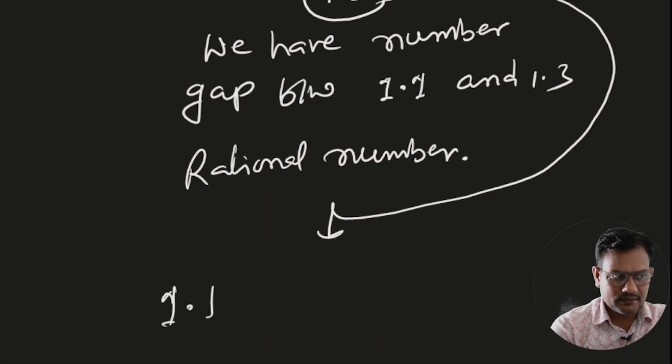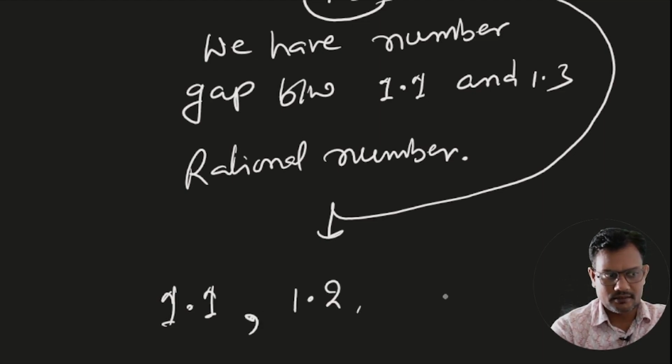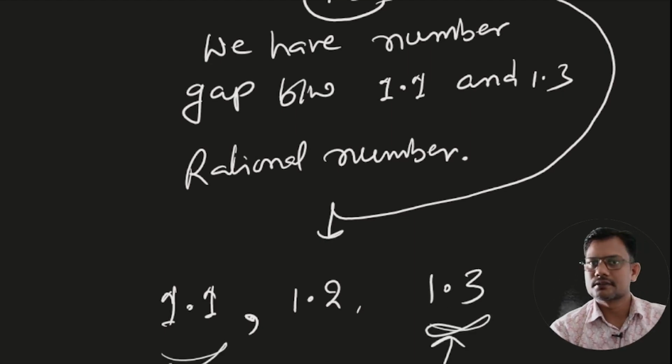That means we have another rational number found between these numbers.